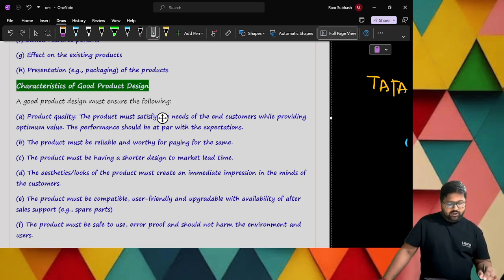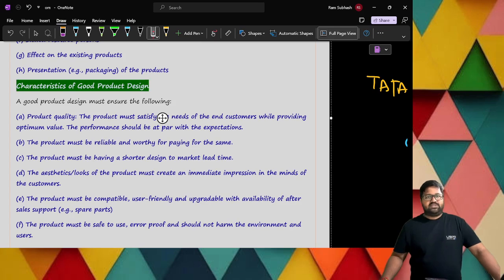Next, the product must satisfy the needs of the end customers, providing optimum value. The performance should be on par with the expectations. I need something, and the product is giving the same thing, then it is good. For example, I am traveling in a car, I want my vehicle to be self-driven so that I can sleep peacefully.